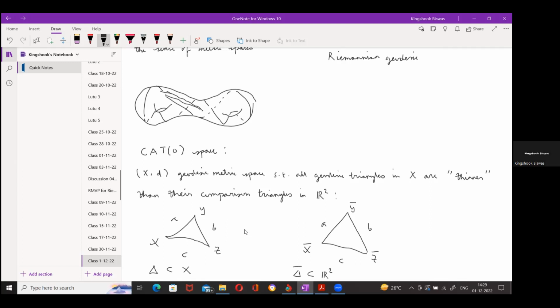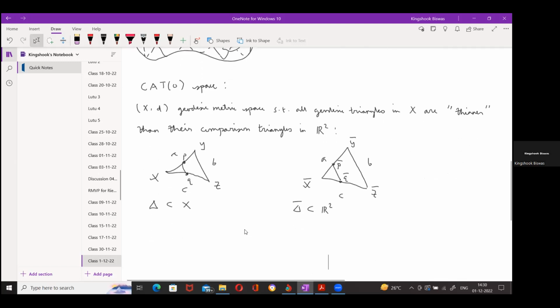It means that if I take any two points on the sides of my geodesic triangle, say P and Q here, then since this side XY has the same length as the side X bar Y bar, there is a unique point P bar on this side so that the distance of P bar from X bar is the same as the distance of P from X. Similarly, there is a unique point Q bar such that the distance of Q bar from X bar is the same as the distance of Q from X. Then to say that the geodesic triangle delta is thinner than the comparison triangle delta bar means that the distance from P to Q is less than or equal to the distance from P bar to Q bar.